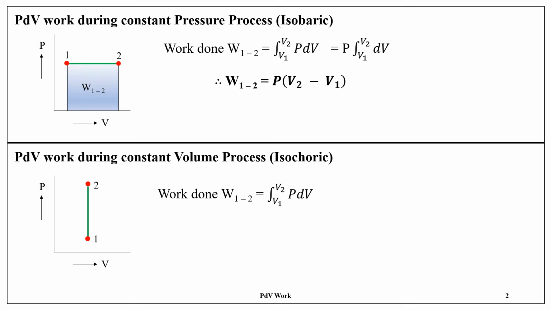And work done equation is our integral PdV between the limits V1 and V2. Here volume is constant, therefore V1 is equal to V2 and hence W12 is equal to 0. Displacement work done during a constant volume process is equal to 0.